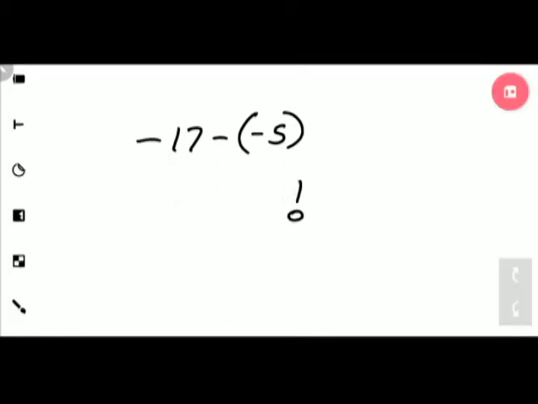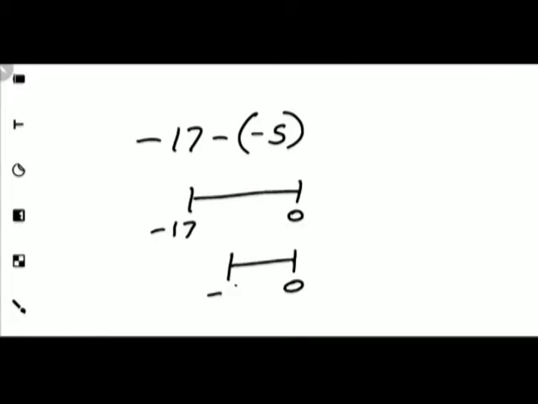Let's do another one. Negative 17 minus negative 5. Let's do our number line. 0. We're going to go backwards to negative 17. This one is negative 5.